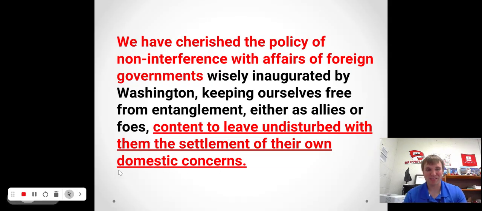Anytime you see the word domestic, like you hear people talk about domestic issues in an election cycle, as opposed to foreign policy, we're talking about issues within the country. So we're happy to leave them undisturbed and let them settle their own problems in their country. According to this, we're not going to get involved.